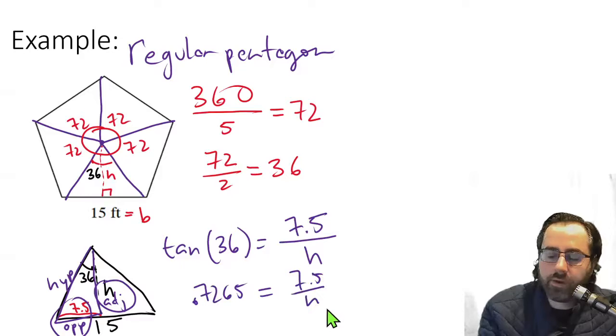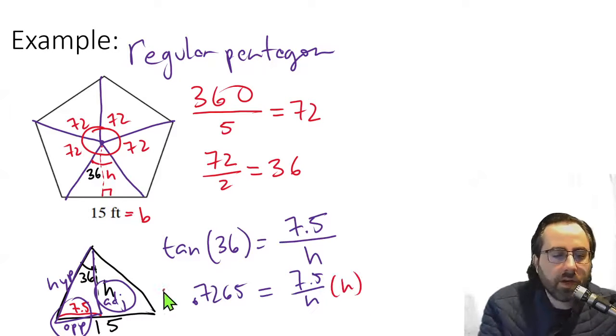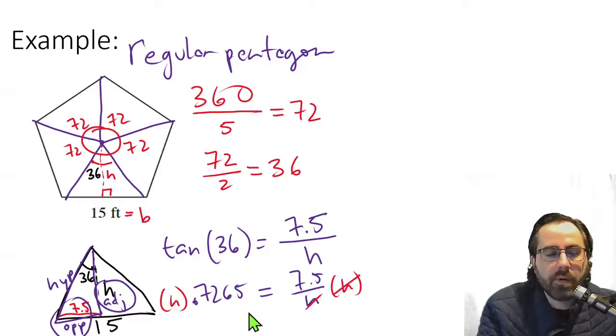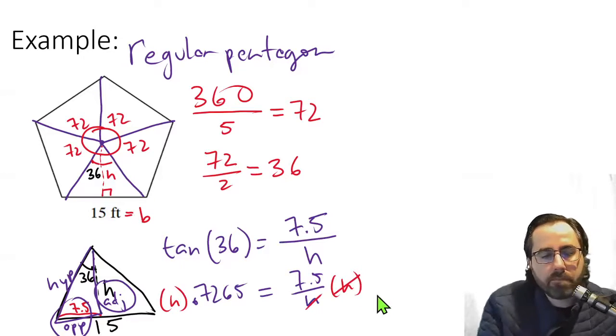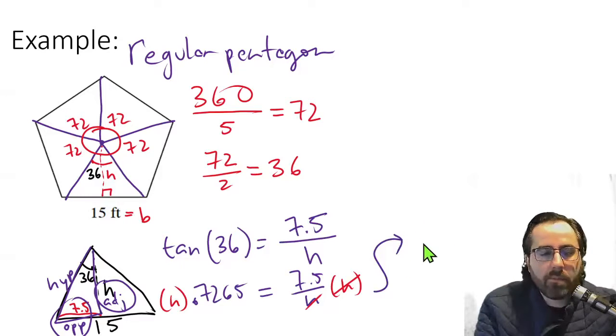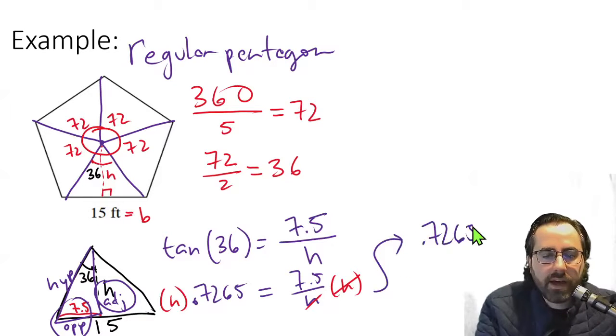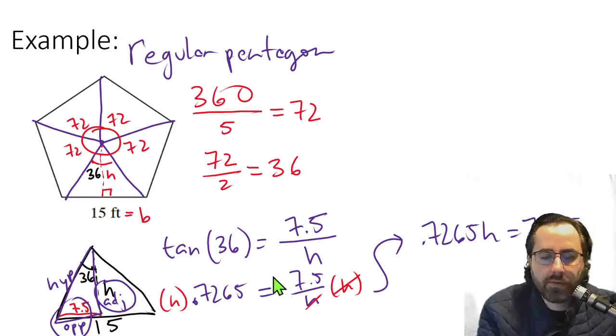And then we could multiply both sides by h. So we could also cross multiply, but we're going to get 0.7265h equals 7.5. That would be the same thing if you cross multiplied from over here.